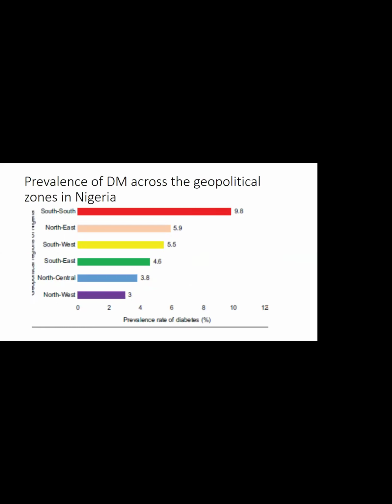We can see that there are different prevalences of diabetes mellitus across the geopolitical zones in Nigeria. So this is done by Aziz et al., as I've said before. You can see that a higher prevalence was found in the South-South, 9.8%, Northeast, 5.9%, Northwest, 3%.